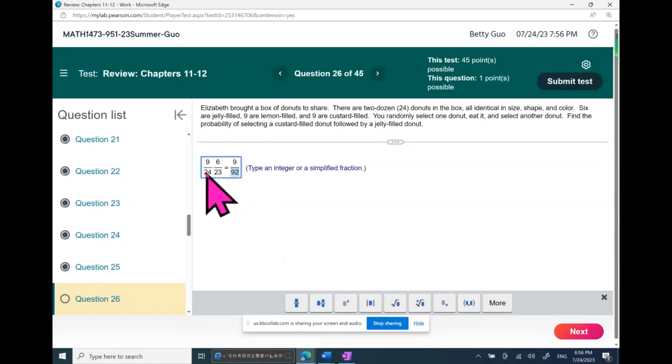Because this cancels to become 1, the numerator is 9, and this becomes 4. 23 times 4 is 92. Don't forget, please erase those.